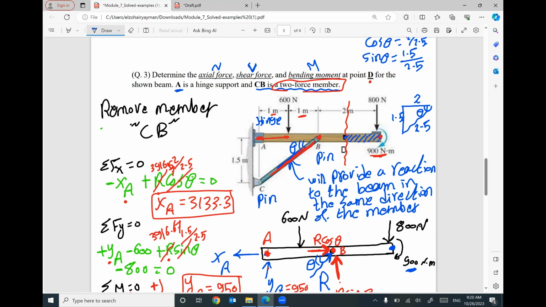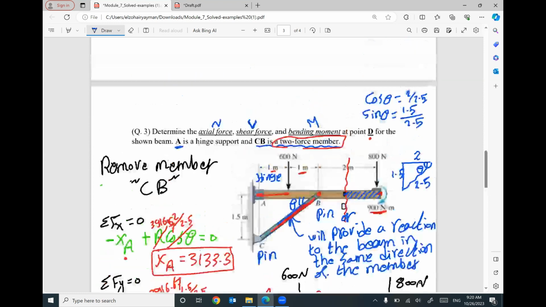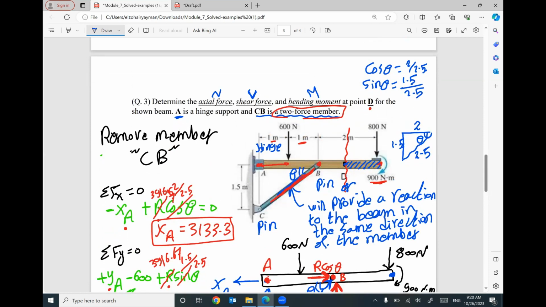Because we have another option to use the left part. The left part is more complicated. We have many things, and both of them will give you the same answer. So we need to select one of them. So if you decided to use the right part, it will be like this.